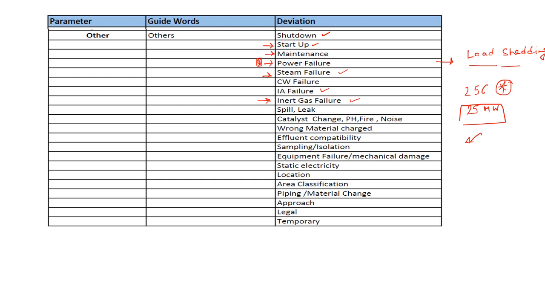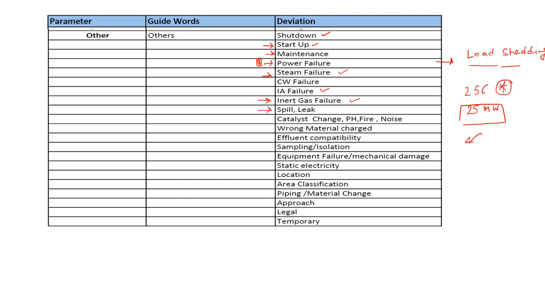So the nitrogen blanketing actually covers the whole tank with a safety layer, right? Now suppose that somehow that nitrogen valve got closed, or the nitrogen production facility got tripped or something, that will result in inert gas failure. So if that inert gas failure happens, what happens to your tank?